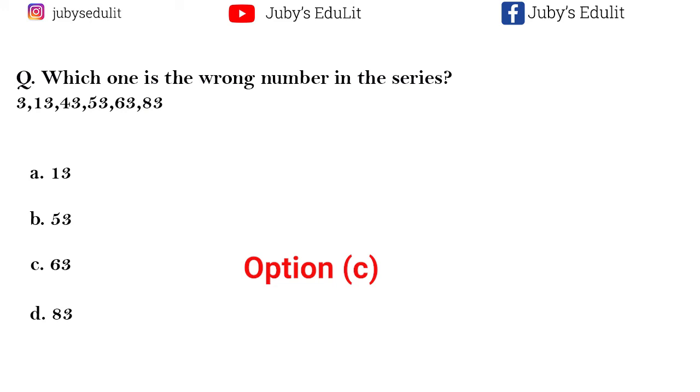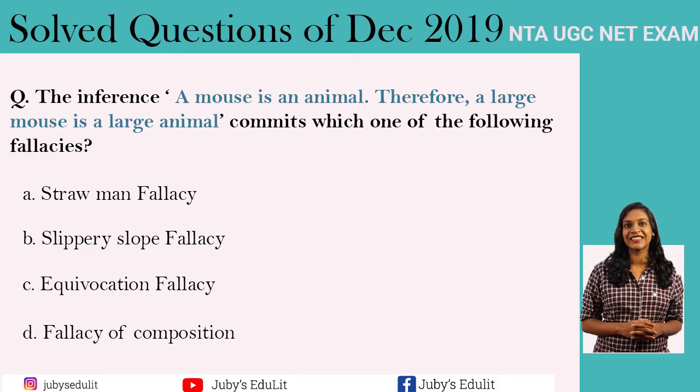Now let's see the fifth question, which is an inference and fallacy kind of question. The inference is like this: a mouse is an animal. Of course, we know. Therefore, a large mouse is a large animal, which is a kind of fallacy they have given. They themselves agree that it commits a fallacy. A mouse is an animal, and the next one given is that a large mouse is a large animal. Can anything be like that?